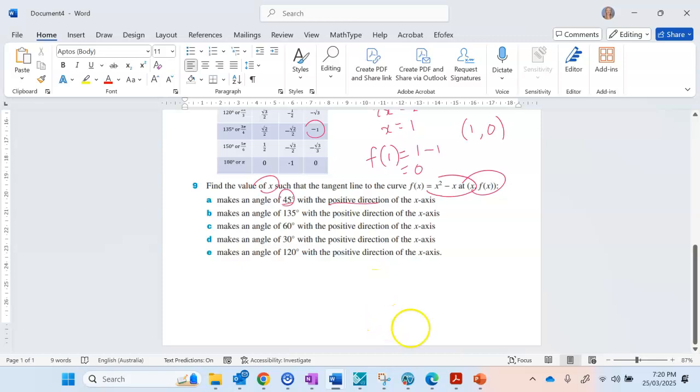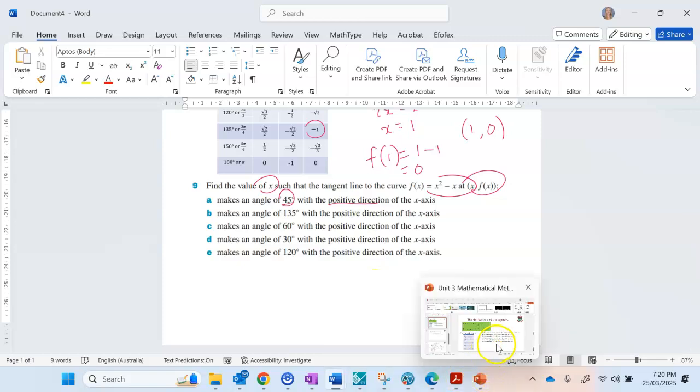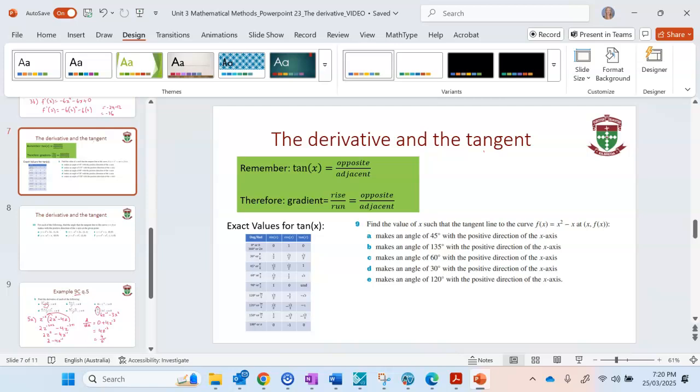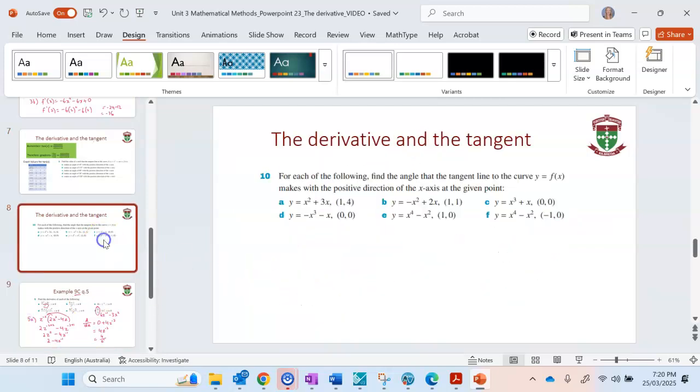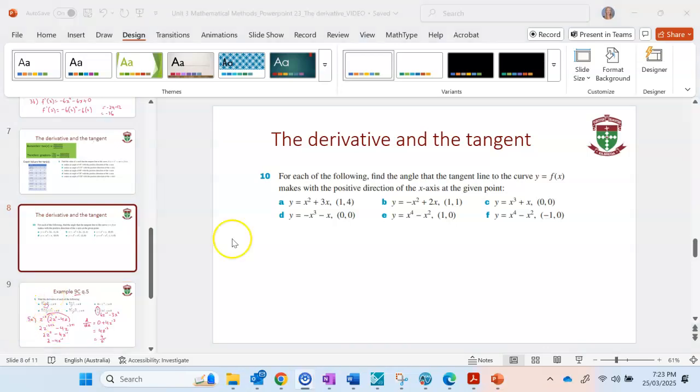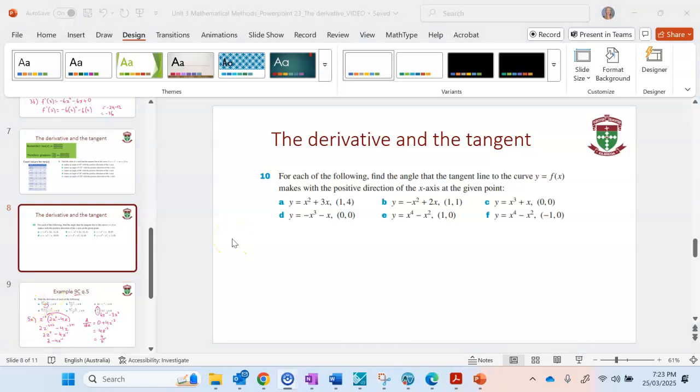All right, there was another question on the PowerPoint. Whoops, wrong one. All right, so for this question, we're kind of just doing a bit of the opposite. So let's just have a read through. So we're finding the angle this time as opposed to the point.